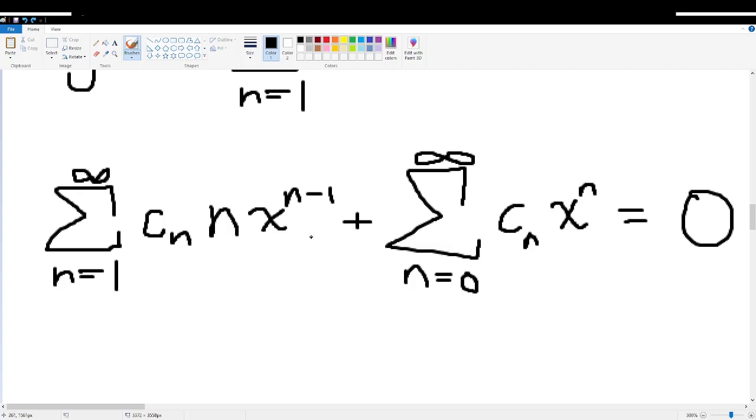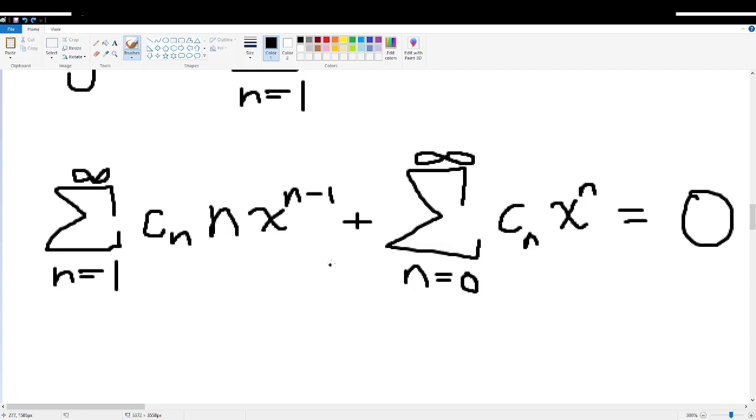First of all, there's no dx here. But second of all, even though these are constants, they're constants which depend upon the current iterator in the series. So c1 is not necessarily the same as c2, is not the same as c3. So to take c_n or n out would be taking iterator-dependent terms out of the series, which would change the value of the series. So we can't do that.